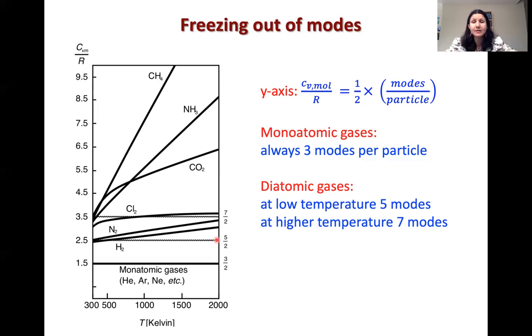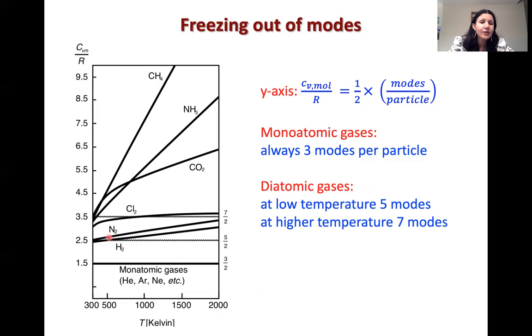So that's a possible range from 5 to 7. You might ask, why is it going smoothly? What's the meaning that at 500 degrees Kelvin, let's say, we have something like 2.8 times 2, so 5.2 modes? How is it possible to have a non-integer number of modes? Well, it's not. But this is data collected for a mole of particles, so this is an average number of active modes per particle.